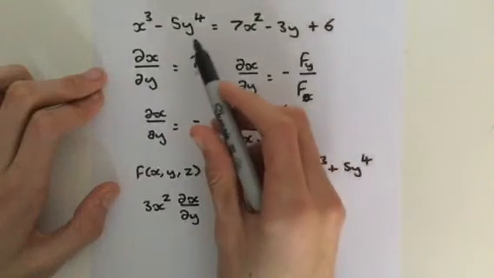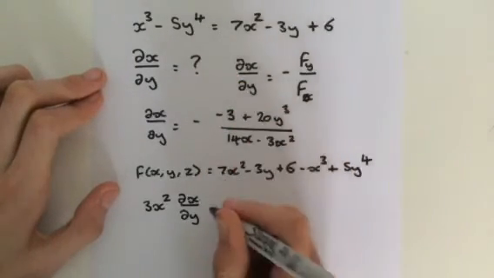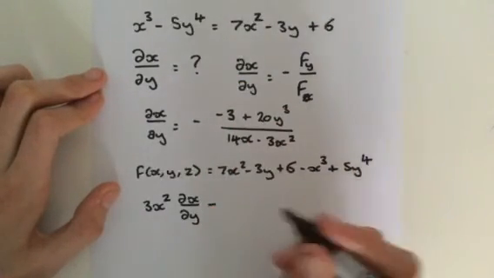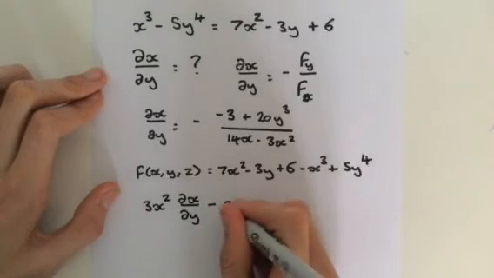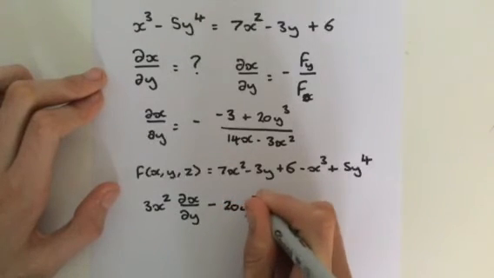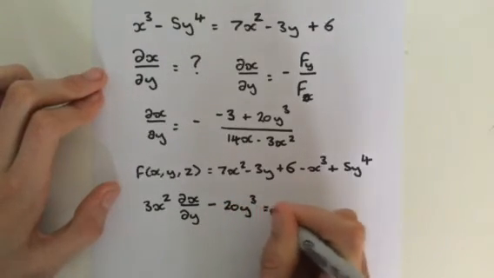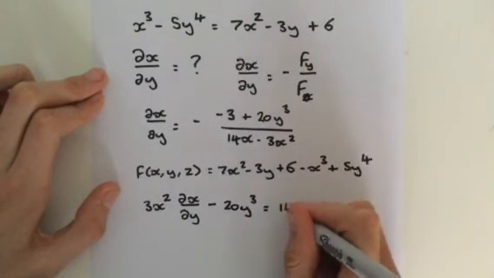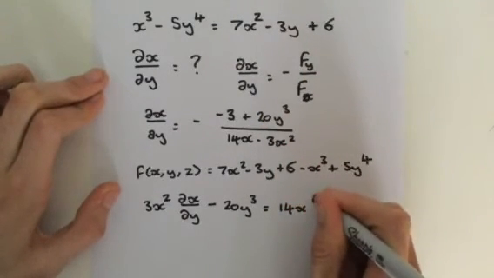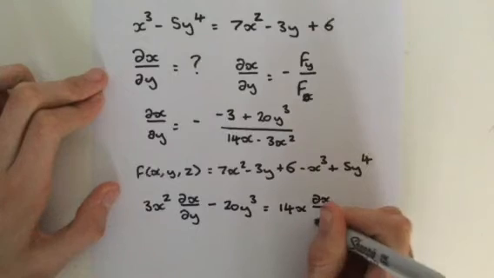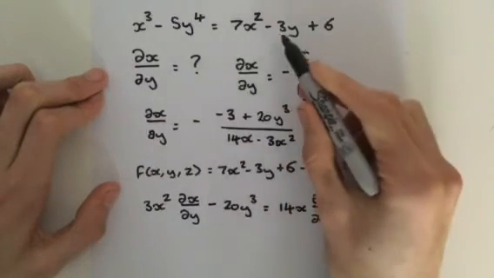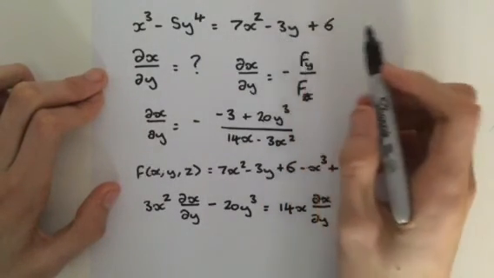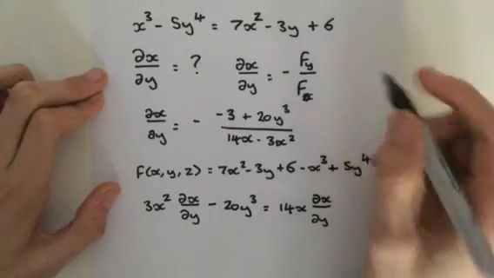Okay, differentiate minus 5y to the 4. Of course, we're going to get minus 20y cubed. Again, differentiate 7x squared, we're going to get 14x, add on that dx by dy. Partially differentiate minus 3y, we're just going to get minus 3.